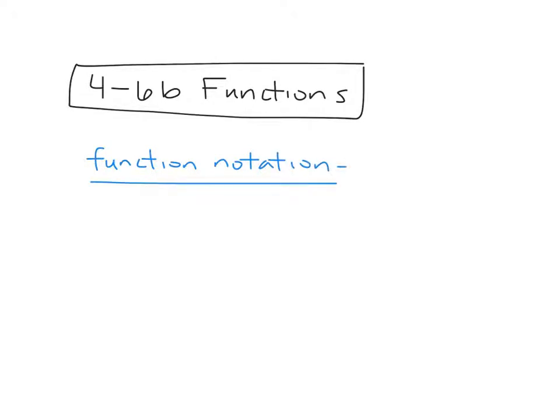Okay, so function notation is just, instead of saying like y equals something, it usually starts with, it's called f of x, okay, which we would say is the function of x.